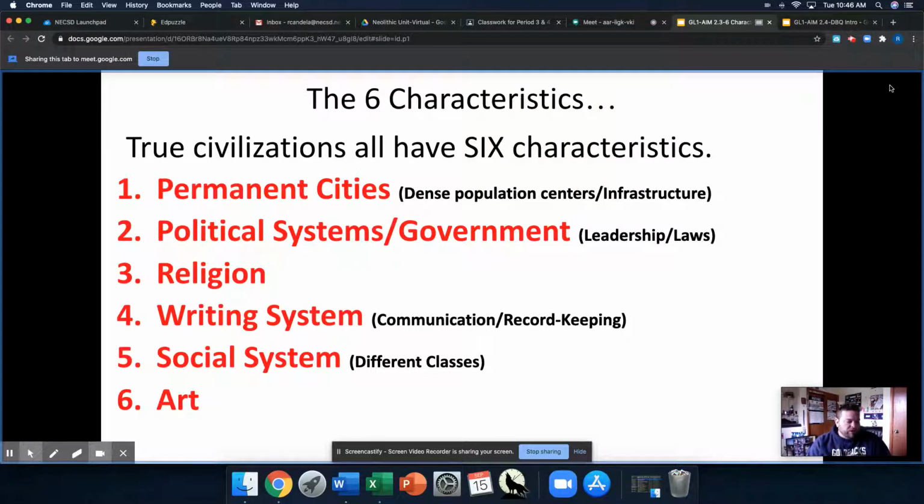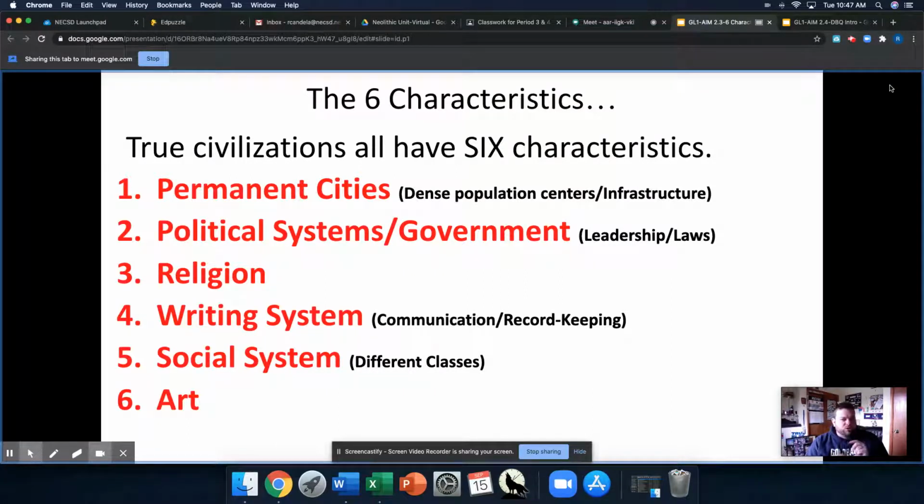That's a religion, some kind of element of religion. A writing system. They have to have some way of communicating and keeping records, whatever that may be, in the form of shapes or different things. Native Americans used wampum, for example. Some way to keep track of things is a writing system you should have.